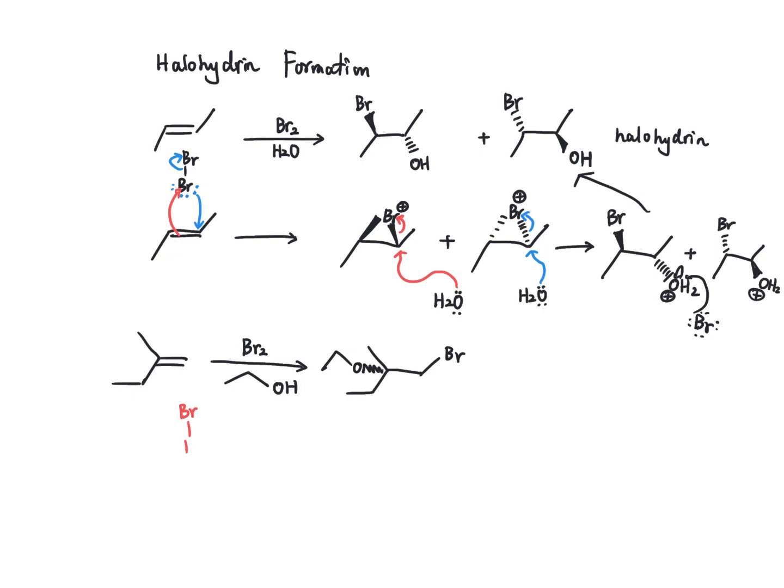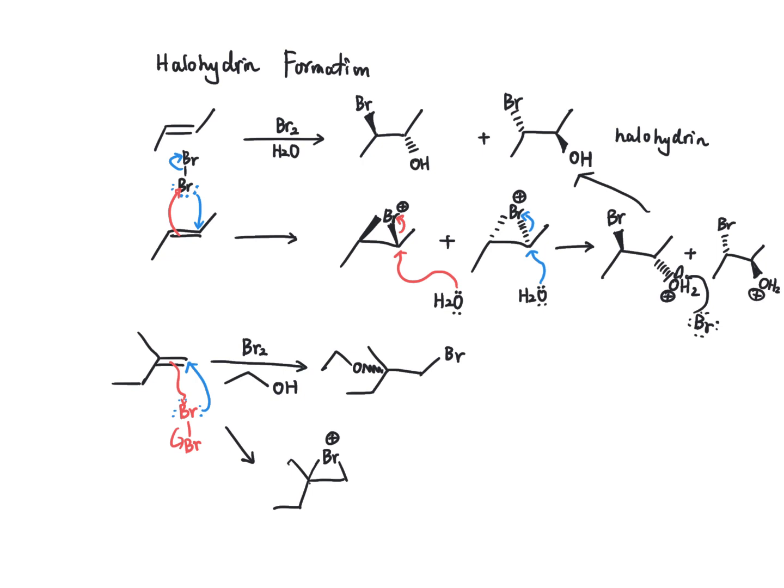So you have your bromine, okay, and it will form the bromonium ion. So the pi bond grabs the bromine, kicks this off, and it will form also the bond. So the outcome of this step again, you will have a bromonium ion.